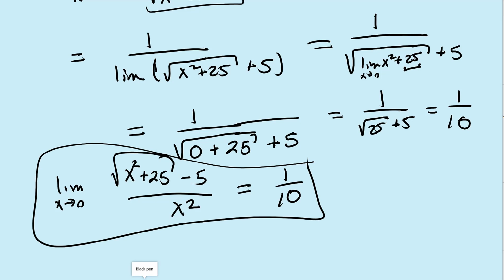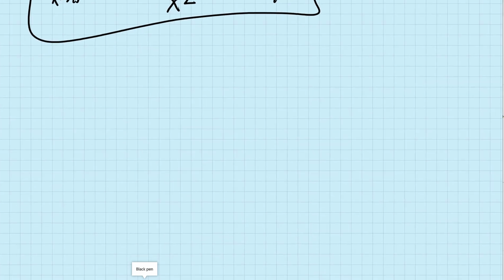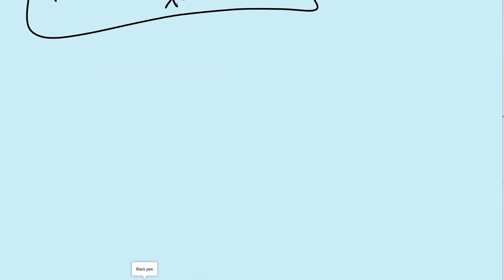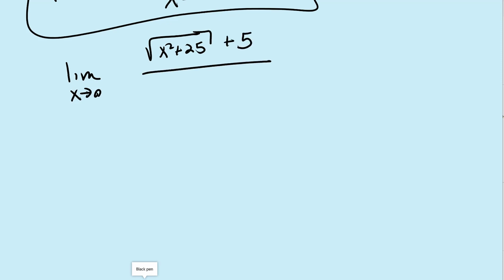Now we're not going to end here. We're going to do this again, but with a slightly different function, just for the practice. So let's look at the limit x goes to 0 of square root x squared plus 25 minus 5, the same numerator, but now in the denominator we have x. What happens when we do this?